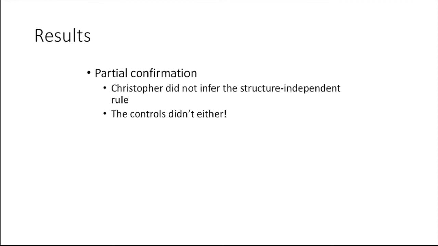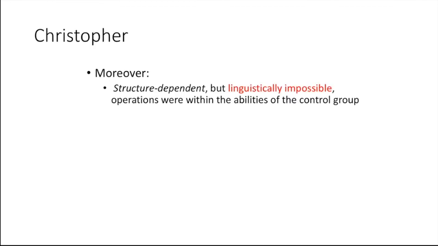That is, they couldn't help but see it as a language, right? They couldn't see it as a general problem-solving issue. And so, seeing it as a language, they were expected to find structure-dependent rules, and that didn't fit the mold, so they were confused. Moreover, structure-dependent but linguistically impossible operations were within the abilities of the control group, right?